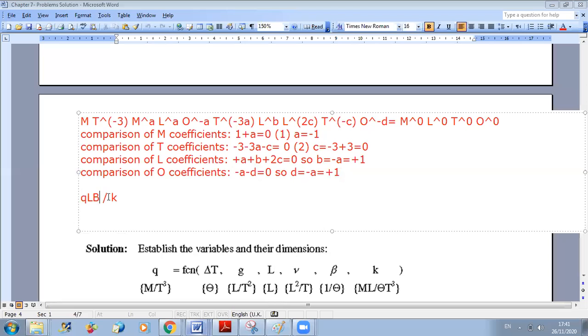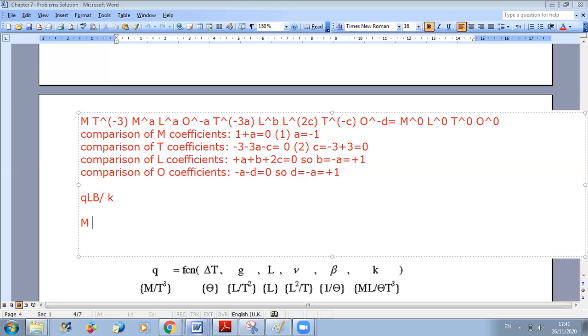Let us make sure that this group makes sense. To make sense, it should have no dimension. To check your result, you can just replace by the units. So the unit of Q is meter times T minus 3, times L, so I multiply by length, times beta, I divide by theta, so theta minus 1, and then I divide by the conductivity K, so it's like I multiply by theta times T cube over ML.